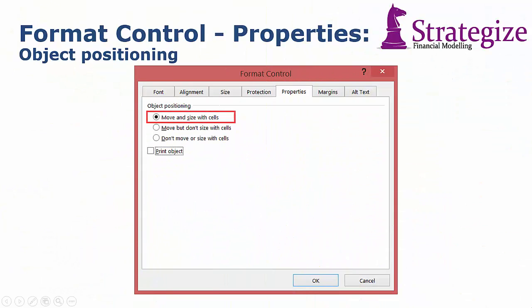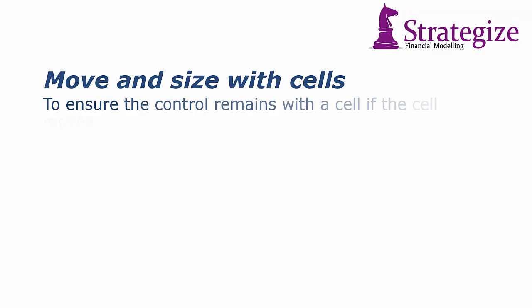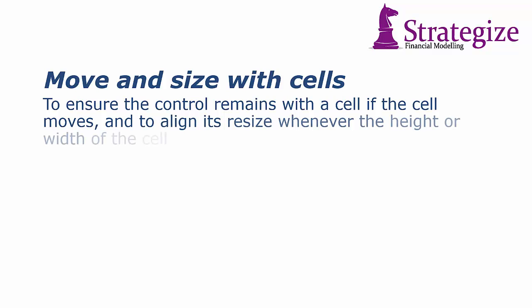First, there are three options in object positioning: move and size with cells, move but don't size with cells, and don't move or size with cells. This first statement confirms how a button will flex and move with cells under the first option.